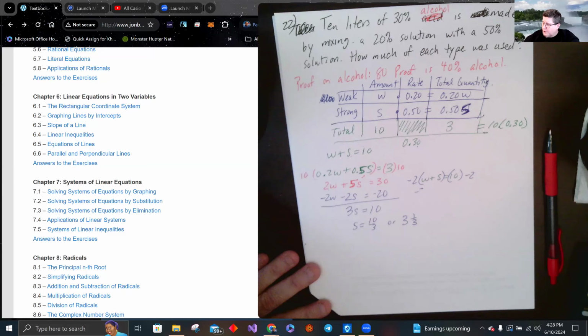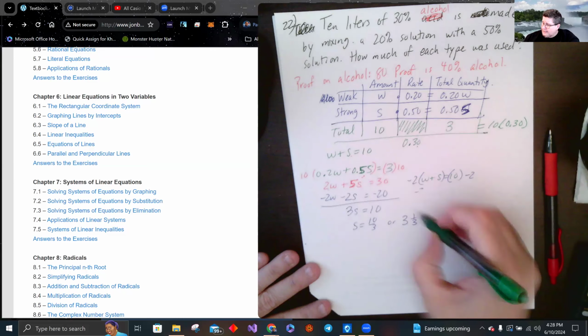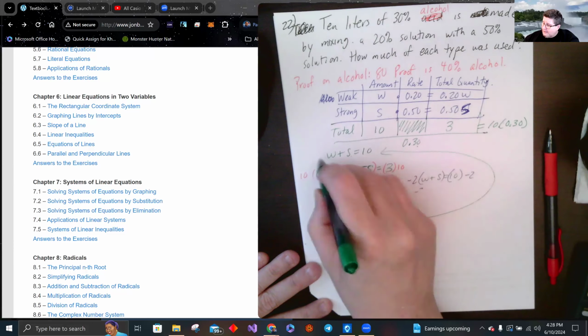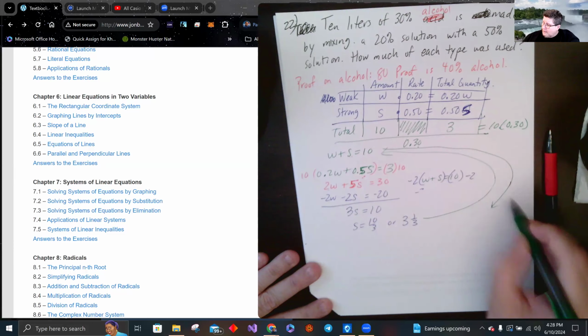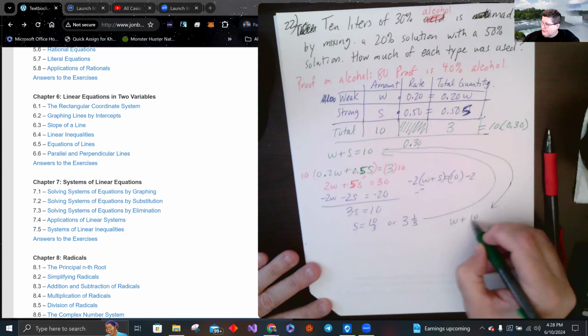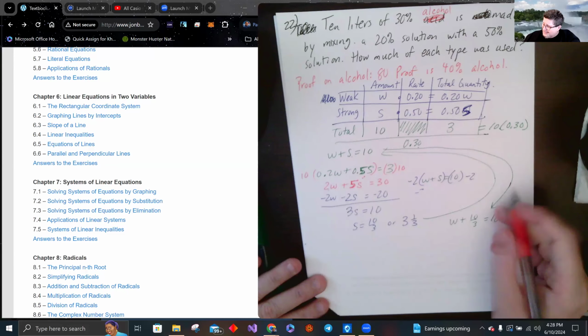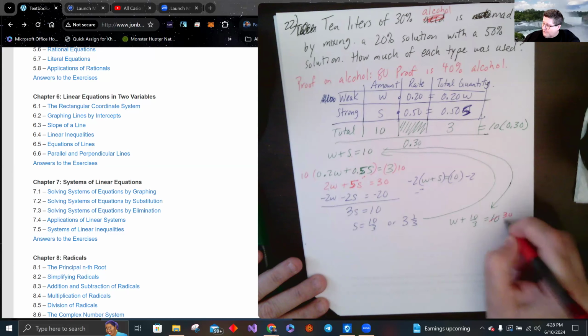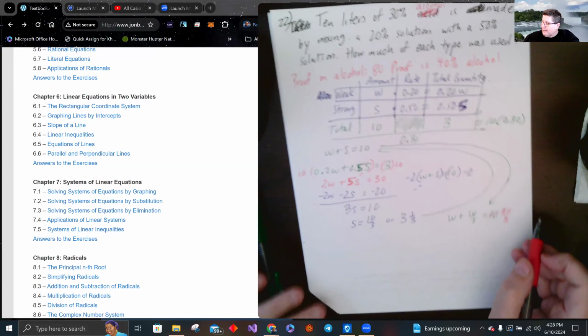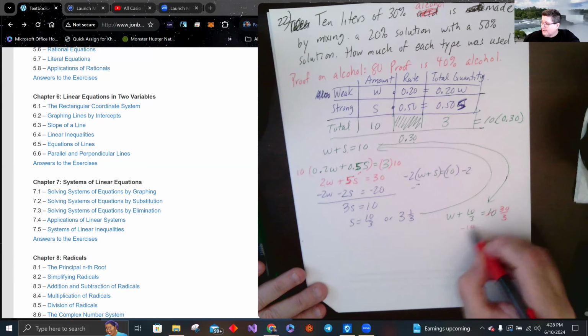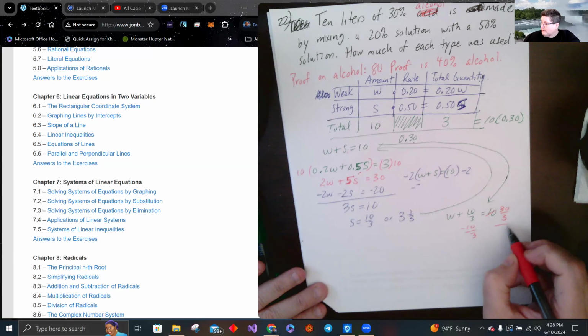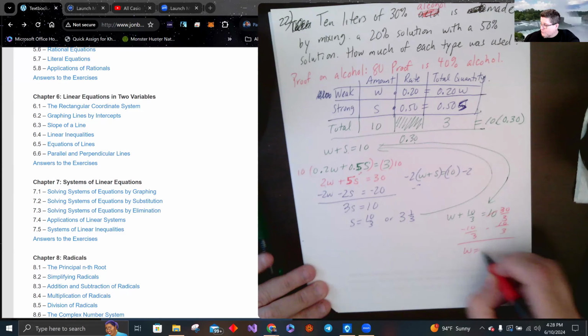Then I could find W by plugging this into there. W plus 10/3 equals 10. And 10 is the same thing as 30 over 3. If I multiply by 3 over 3, I subtract 10/3, and I get W equals 20/3.